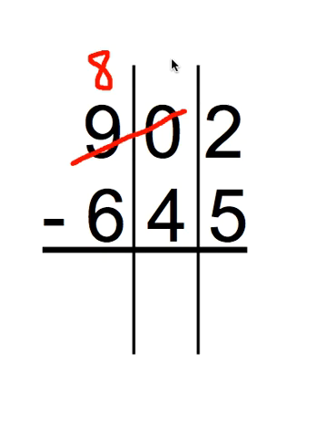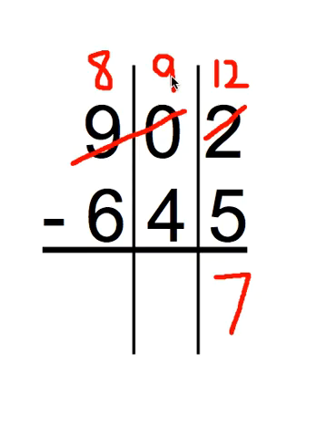So I'm going to write the 8 above the 9 in the hundreds place and a 9 above the 0 in the tens place. Now I can add 10 to my 2 and regroup it so that I have 12 minus 5. I know that 12 minus 5 is 7.